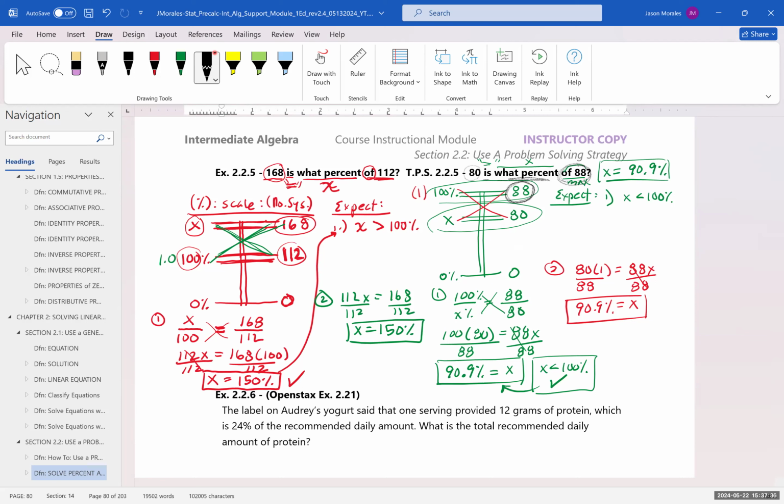And if it's at the top of our number system scale, then that's going to be associated with 100% on the other side. And the way that this is phrased, 80 is equal to or associated with this unknown percentage.